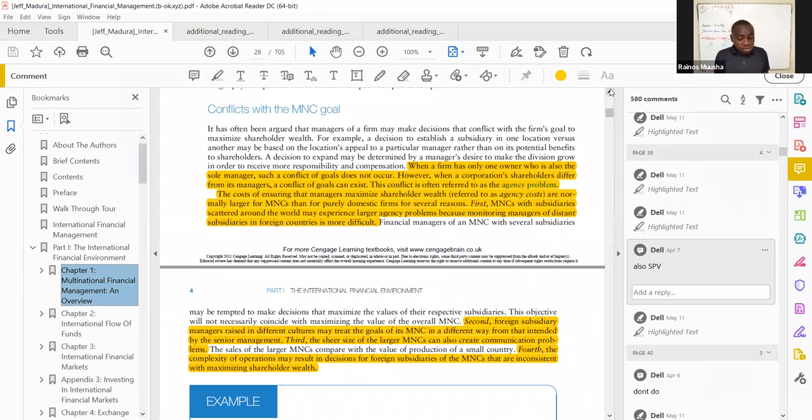Because remember, picture this, back in the days when the company was a multinational corporation, there was a manager who had to fly to Botswana, stay there for a week, see what's happening, then fly to Nigeria, stay for a week, monitor what's happening and review to see if everything is fine.